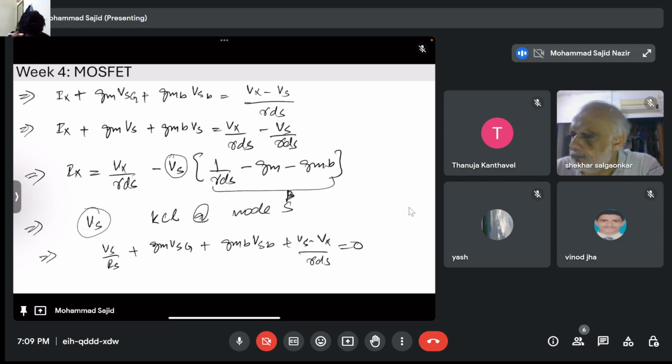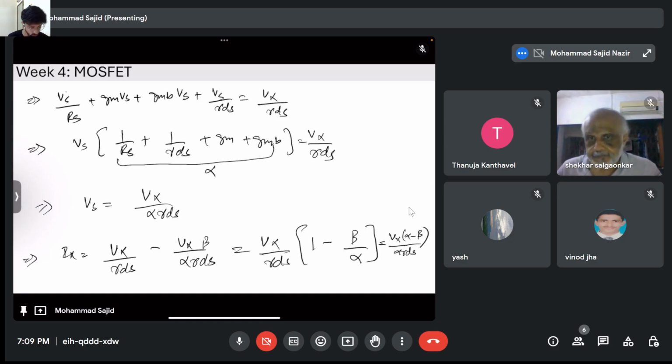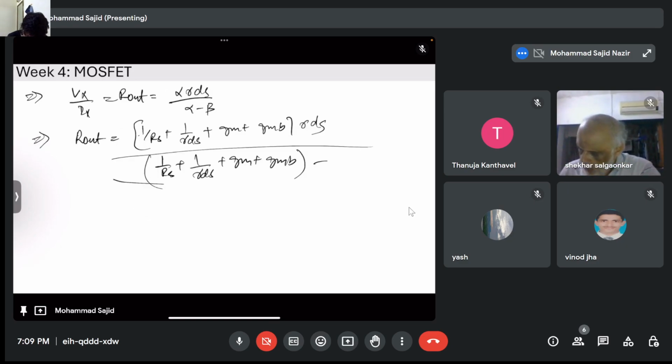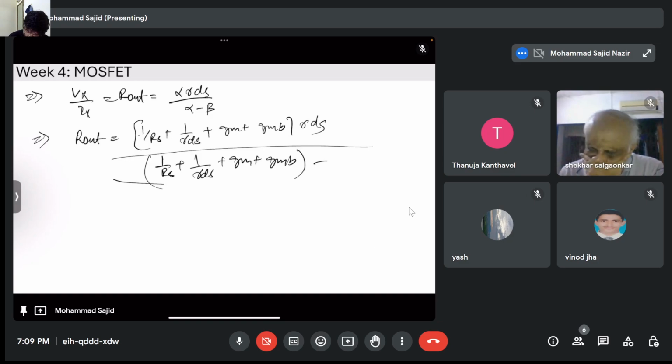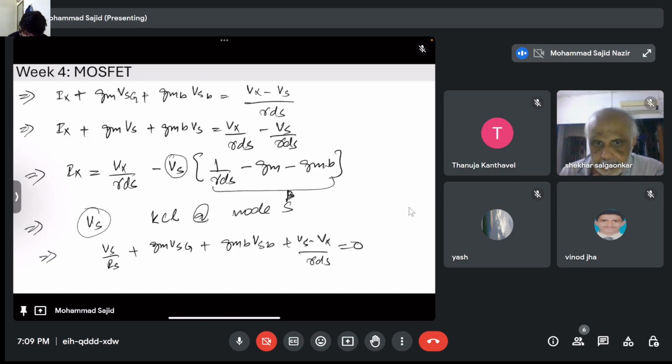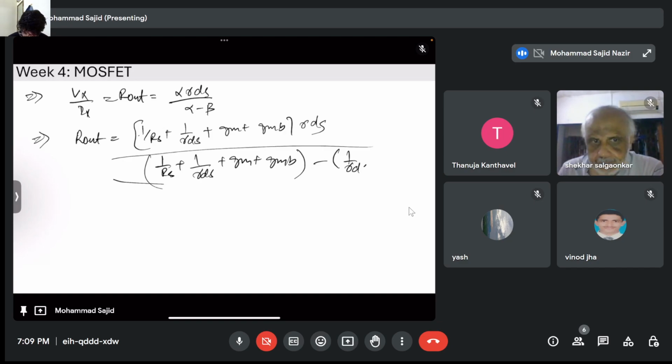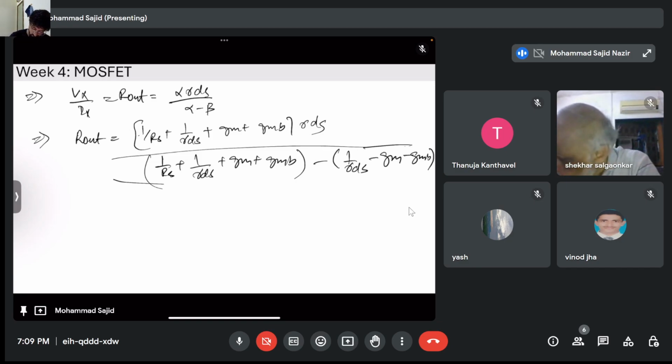Right, so this is Vx, this is alpha, alpha minus beta. Minus we have to minus 1 by Rds, 1 by Rds minus Gm minus Gmb. You need to check once whether the signs are correct or not.